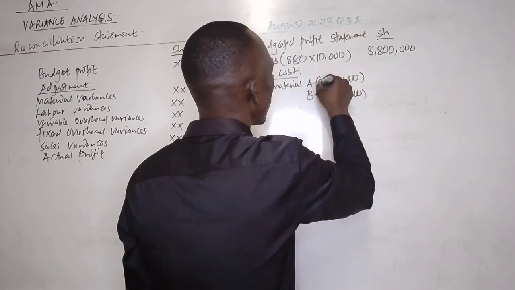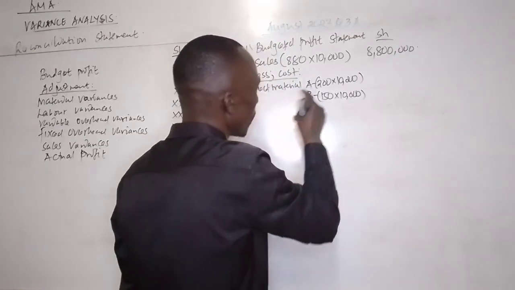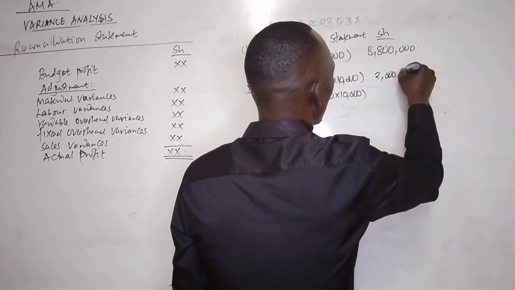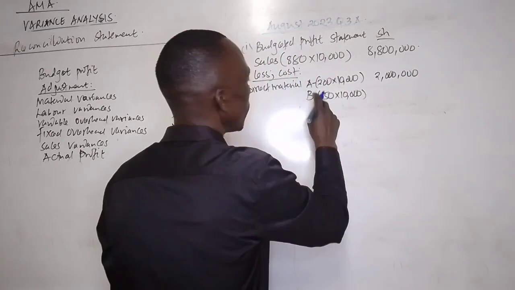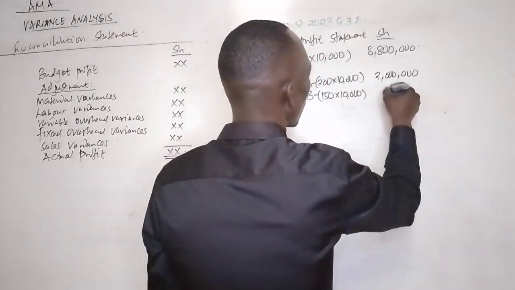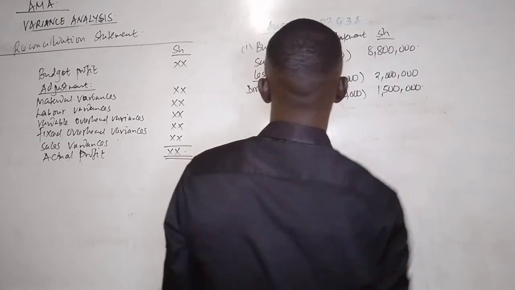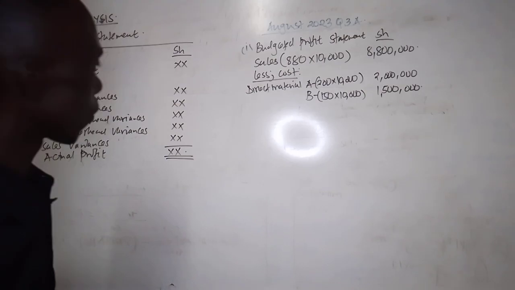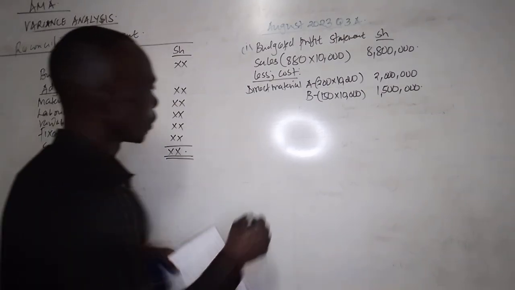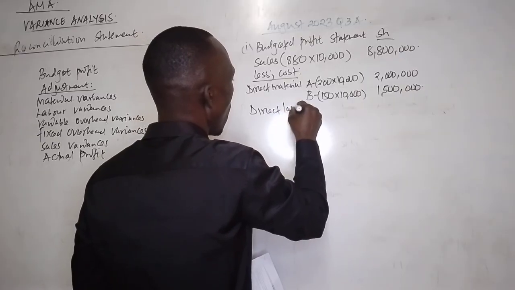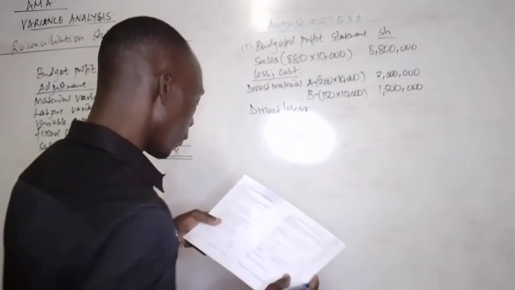So in this case, we will get 2 million, and then 1.5 million. So that is the case of direct material. Then we go to direct labor.